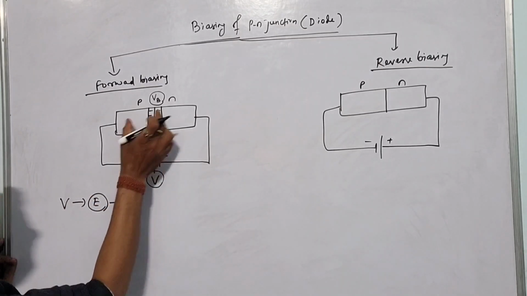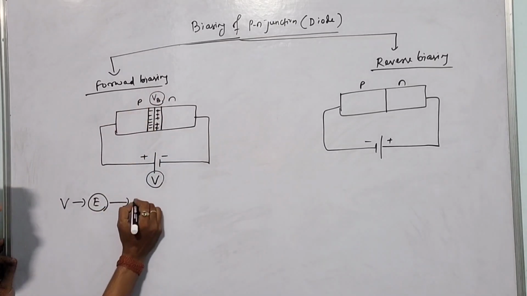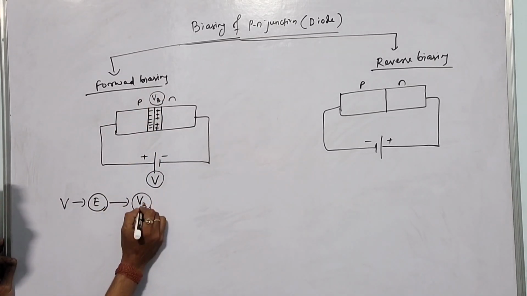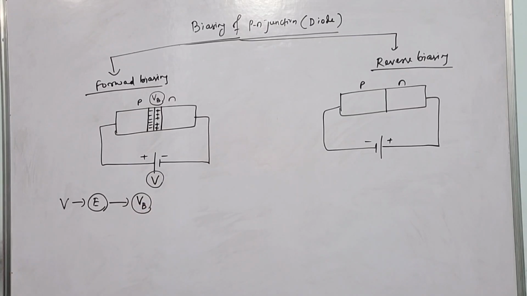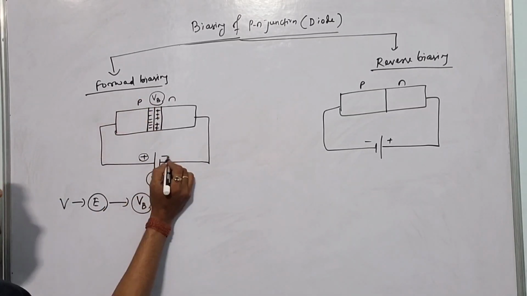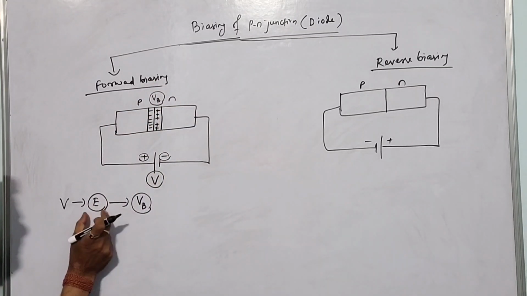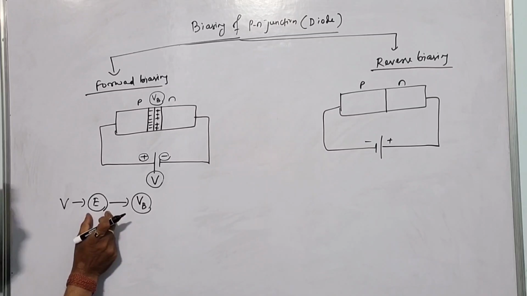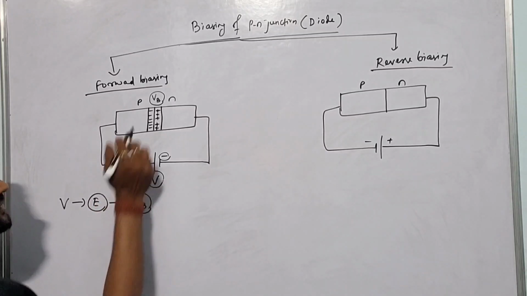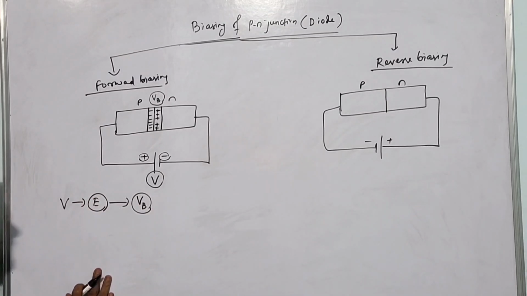That electric field will act against the electric field due to the potential barrier. Are you getting my point? When positive terminal is connected to P and minus is connected to N, that potential difference will develop a strong electric field, which will act against the electric field due to this potential barrier.